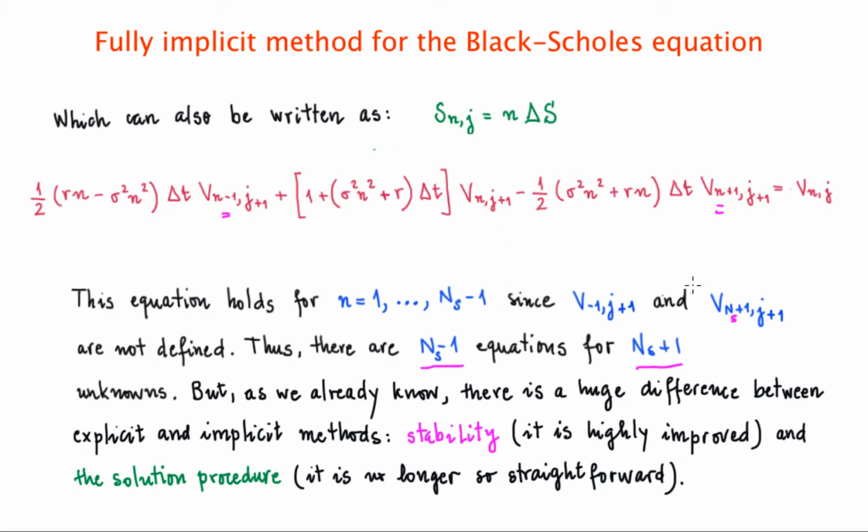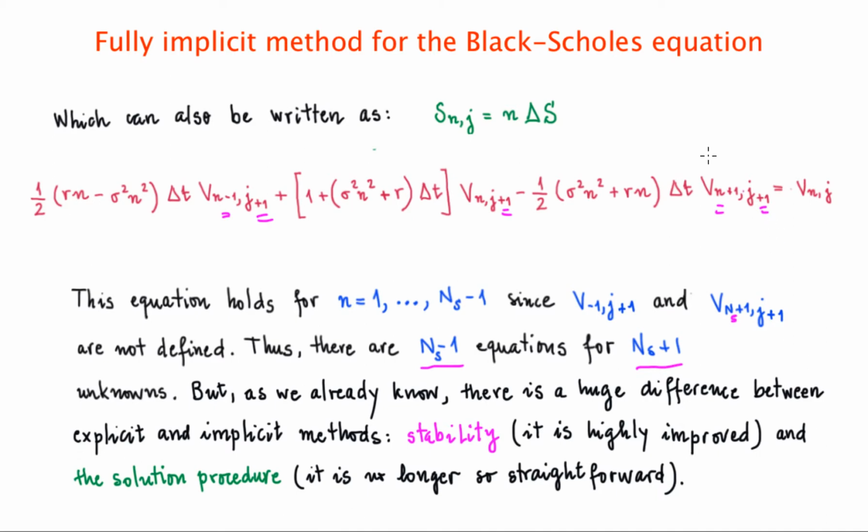because remember that here we have an expression for this V evaluated at j as a function of different values of the option evaluated at j plus 1. But actually what we want is just the opposite, because we want to have the value of the option at the next time step as a function of the value of the option at the previous time step. That's actually what we want.